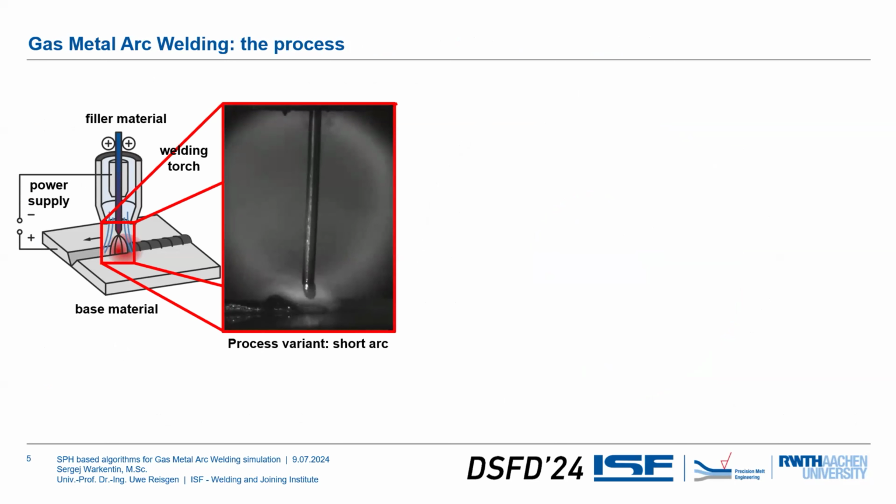What is important is that we have a filler material in the form of a wire that is fed automatically. We have two pieces that will be connected, the base material, and with the electric power supply an arc is ignited. We see phases where the arc is burning, and we also see phases where we have short circuit.